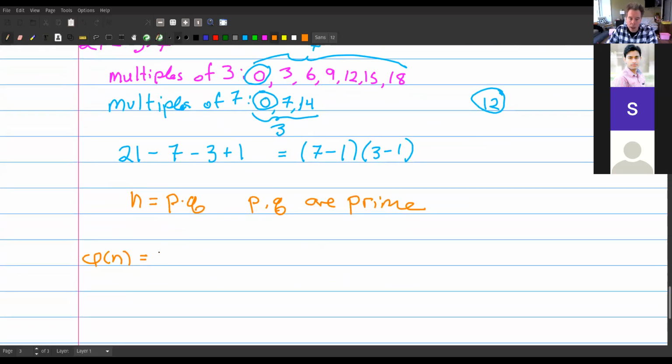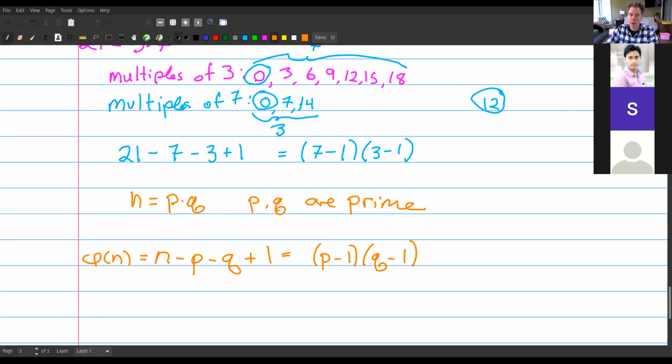It's going to be n, and then I take away the p multiples of q, and then I take out the q multiples of p, and that double counted 0, so I have to put it back in. And then this is equal to p minus 1 times q minus 1.